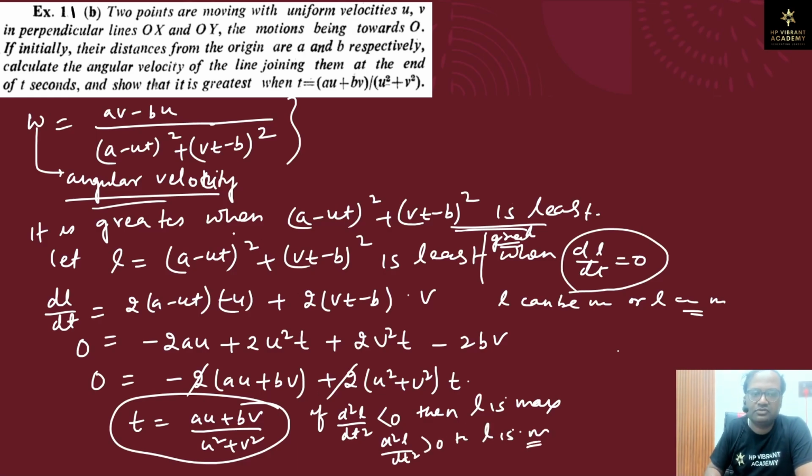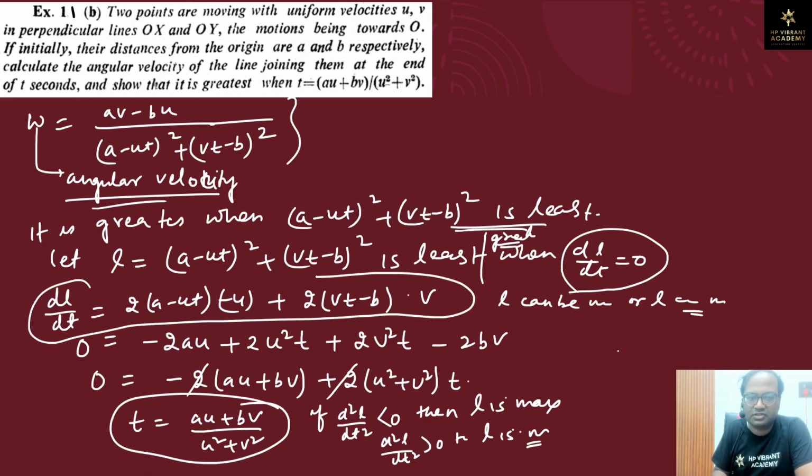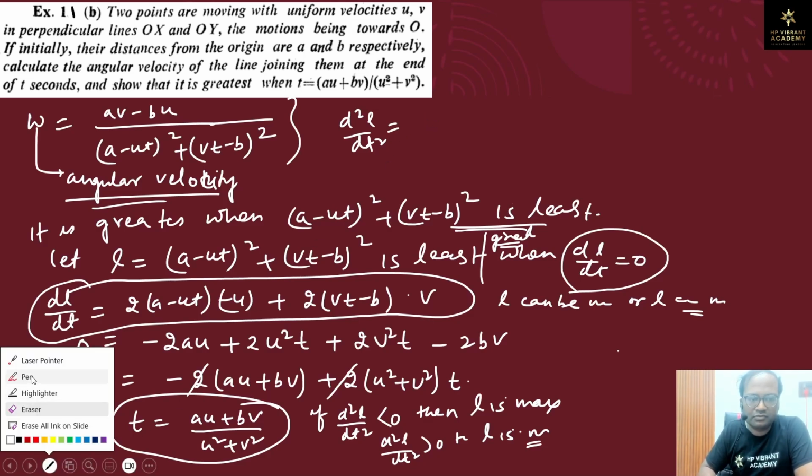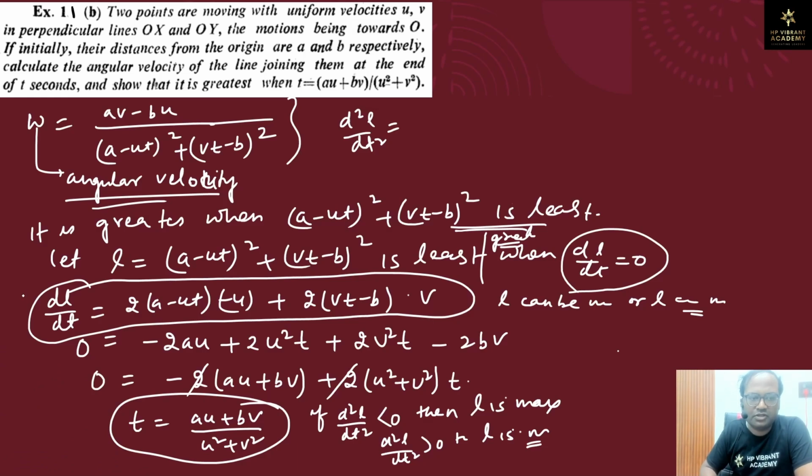So let us find d2L upon dt square by differentiating further. The differentiation of the constant A is 0, so this is minus U into minus U plus 2 into V, the differentiation of VT is V, and B is 0.